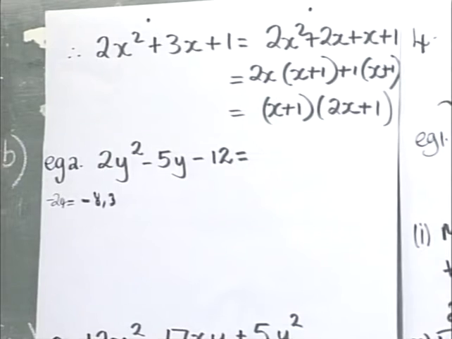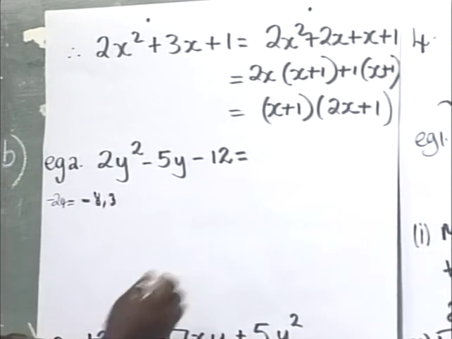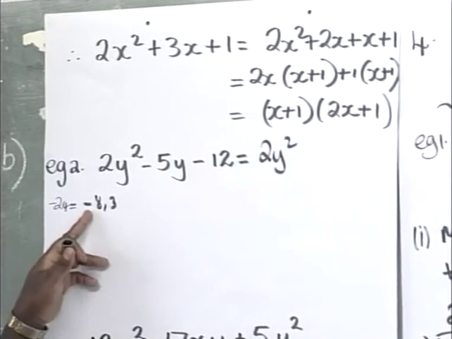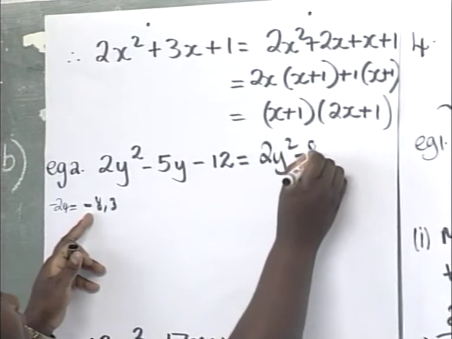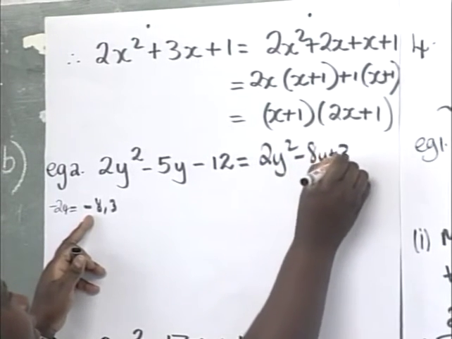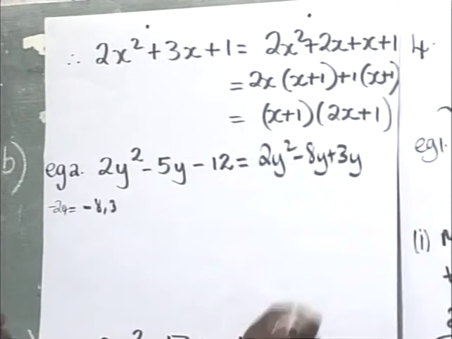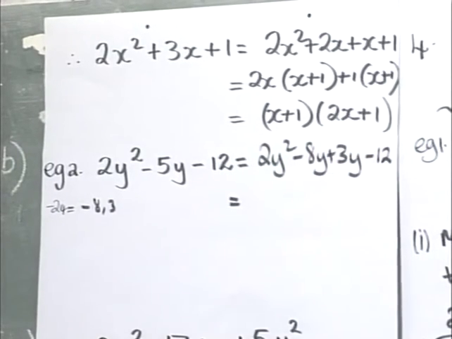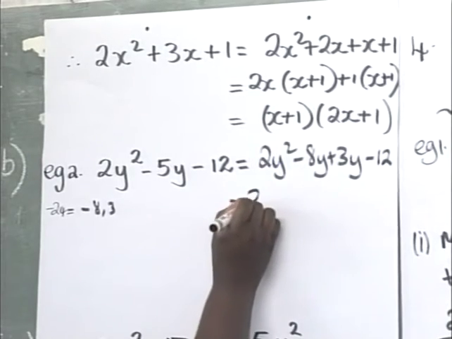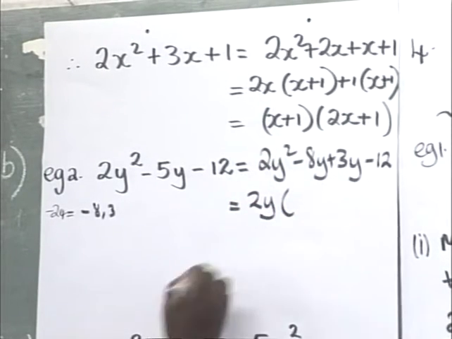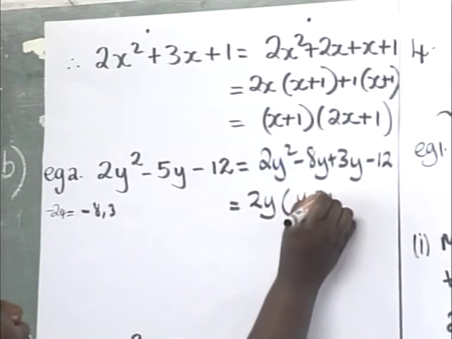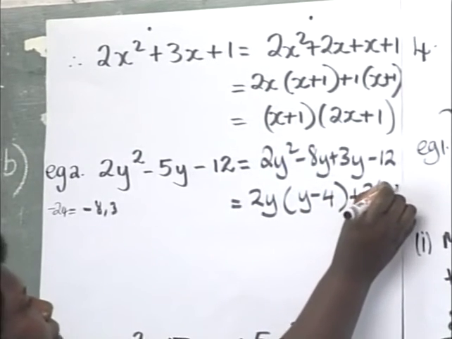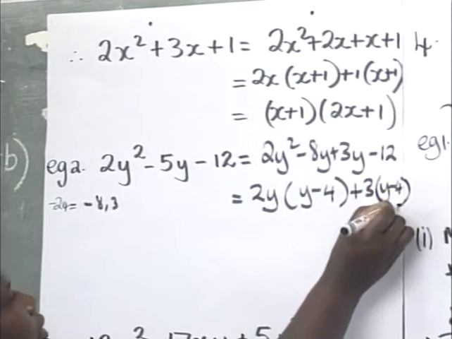The next thing you do then is to rewrite this as 2y squared. Instead of minus 5y, you are going to say negative 8y plus 3y, then minus 12. And then use grouping to factorize. Common factor 2y, y minus 4. Common factor here 3 times y minus 4.